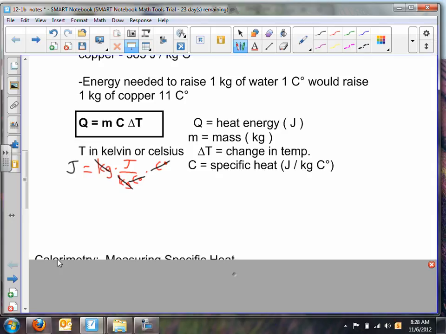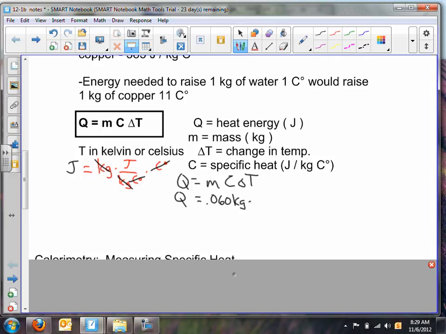Well, I'm going to use the same equation. In this case, I'm solving for heat, which is Q. My mass in the problem was 60 grams, which is really 0.060 kilograms.